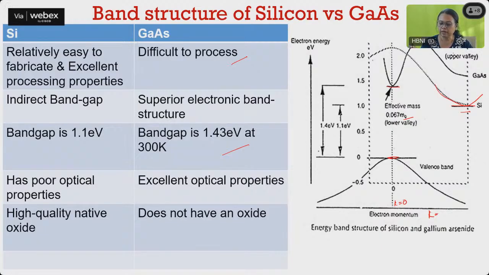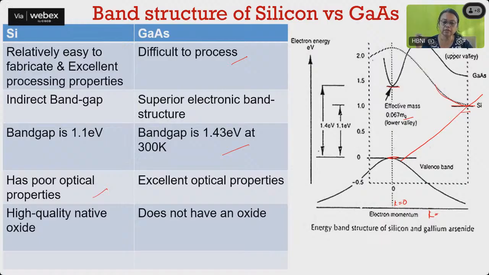Because of this indirect band gap, you have poor optical properties, so it will not give out a photon when an electron from the conduction band jumps to the valence band, whereas gallium arsenide has excellent optical properties.